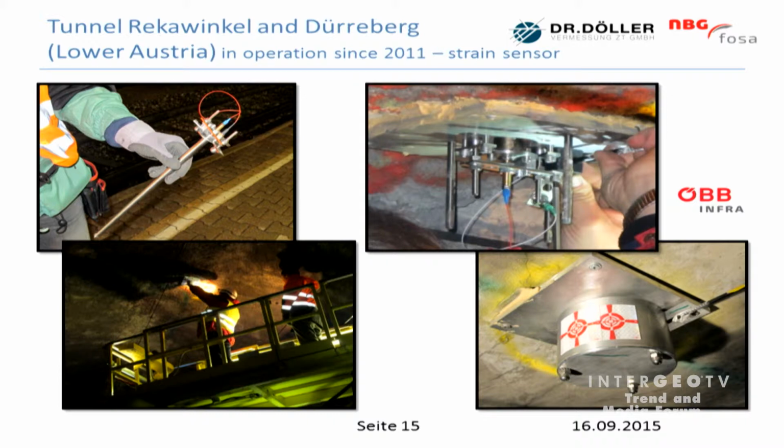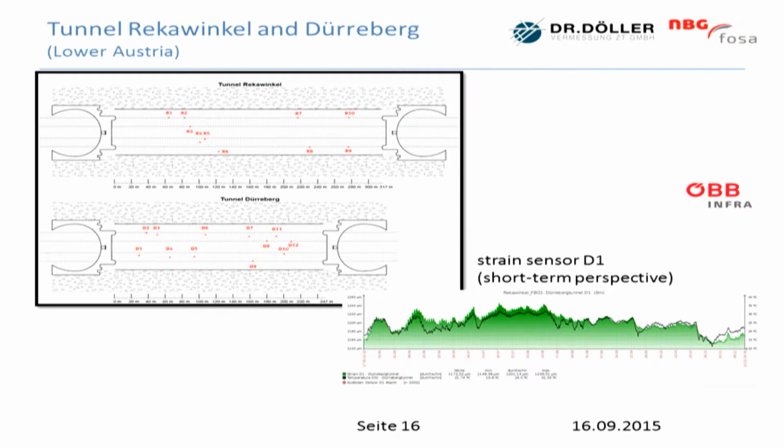The operator on duty gets an information if one of the 22 strain sensors reaches this 1 millimeter level, and you see on the right side down a short time period, and you see the black line is temperature, and the green line is the movement of this membrane.